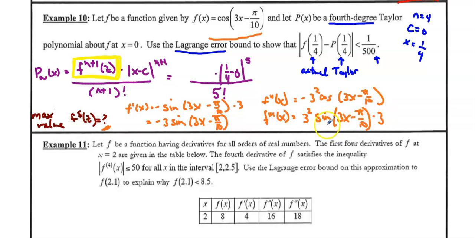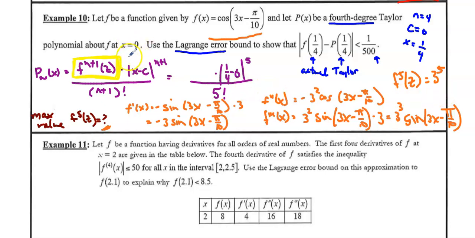So this is equal to 3 cubed sine of 3x minus pi over 10. To save a little time, the fourth derivative is going to be 3 to the 3rd times another 3, so 3 to the 4th. So the fifth derivative at some value z is going to be 3 to the 5th.